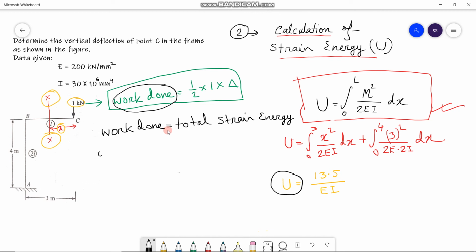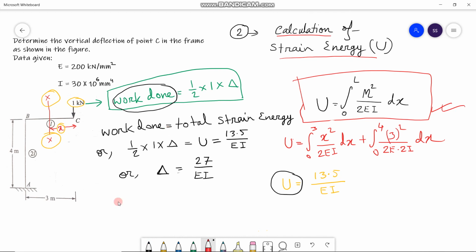That means half into 1 into delta. That means the value of work done is equal to the total strain energy U, that means equal to 13.5 by EI, which is the total strain energy. And from this calculation, we get delta equals 27 by EI.